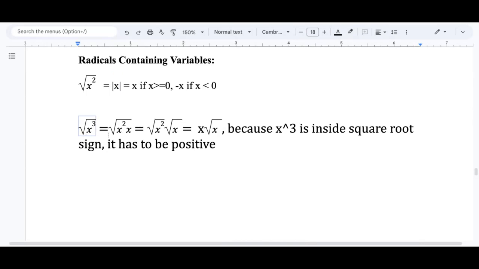Now, square root of x raised by 3. If the index is 2, we'll be hunting squares inside, right? So x raised by 3 we can write as x squared times x raised by 1. The square root cancels the square, so we get x radical x.